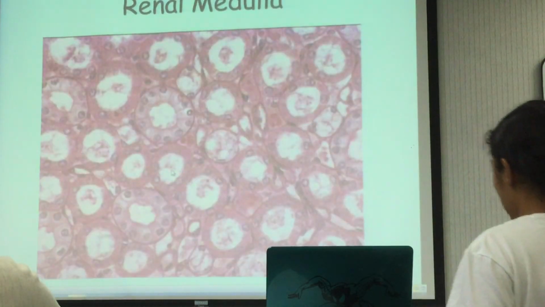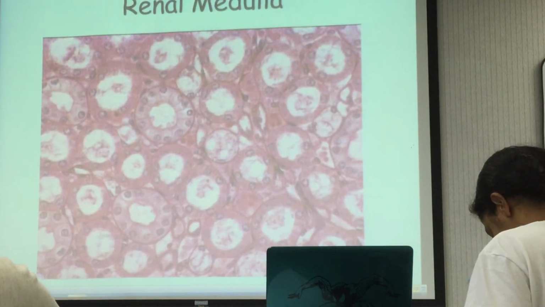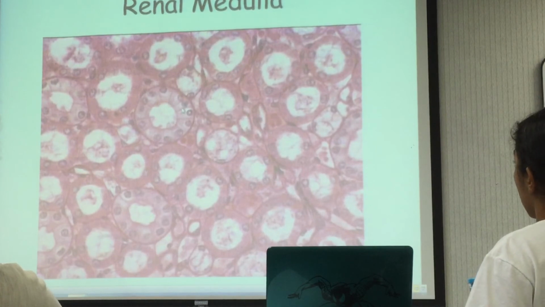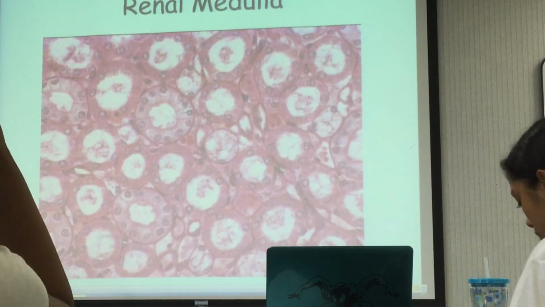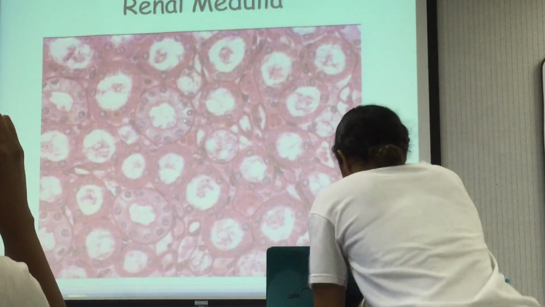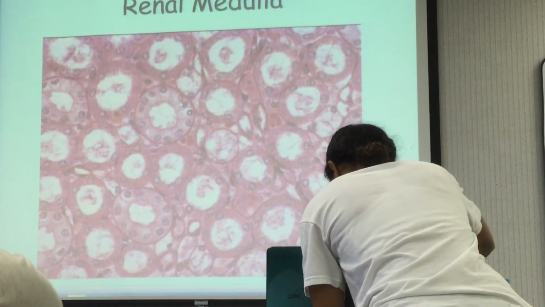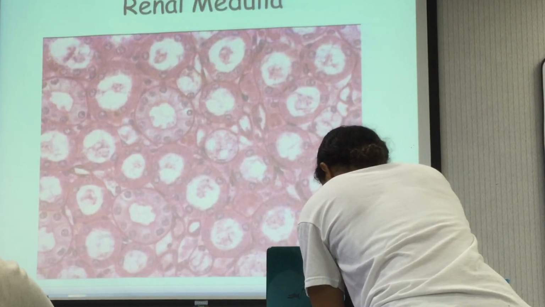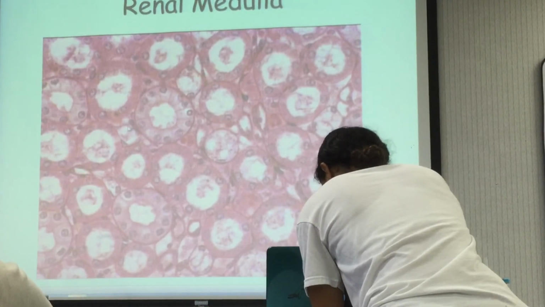Okay, so this is renal medulla. Do you remember we talked about collecting tubule? These are collecting tubules because you see the lateral border is very clear. They are still simple cuboidal, but they look like columnar now. What is this one?